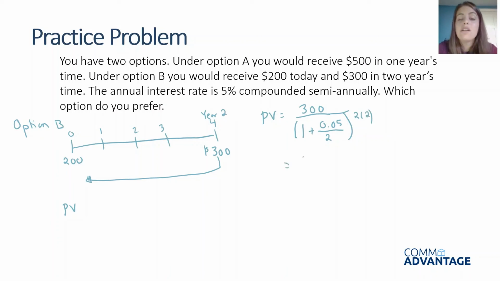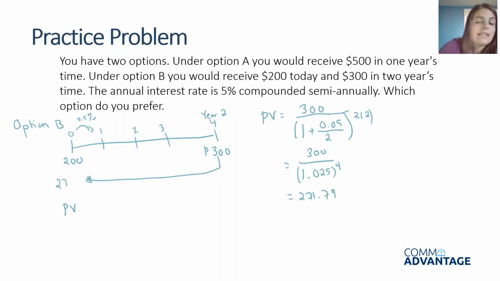And remember, this is just us taking that future value and dividing by, in this case, 1.025, where 2.5% per period is getting applied in terms of interest. And we're doing that for 4 periods, so the exponent in that denominator is 4. And so the present value of that $300 is going to be $271.79.